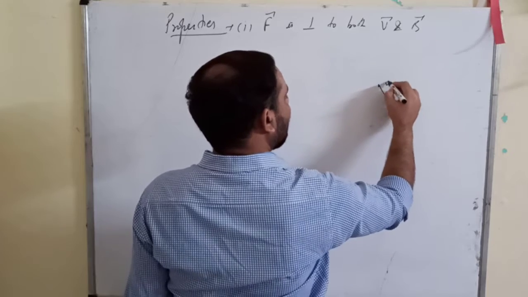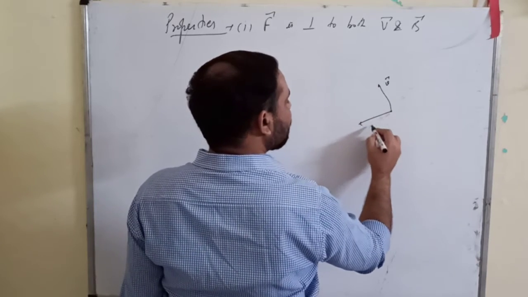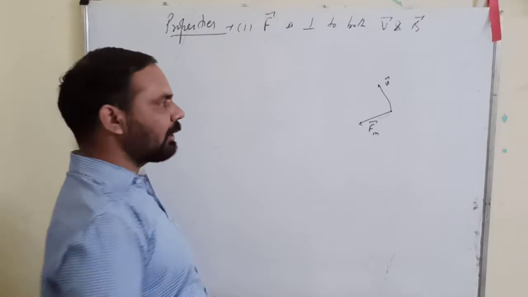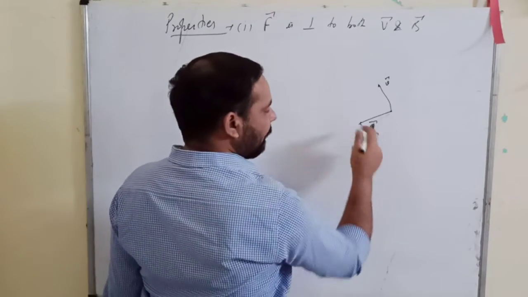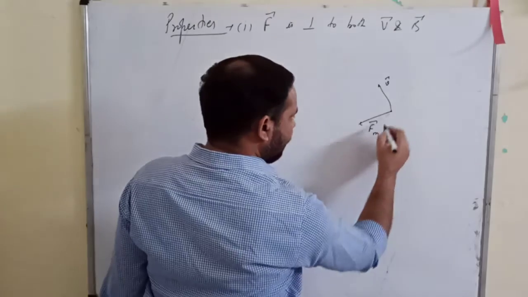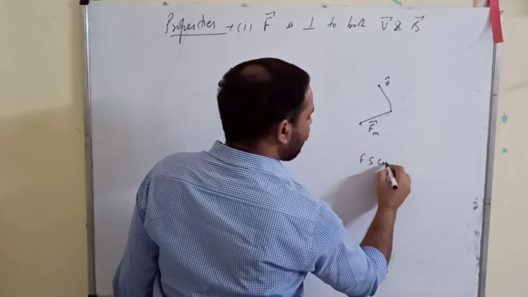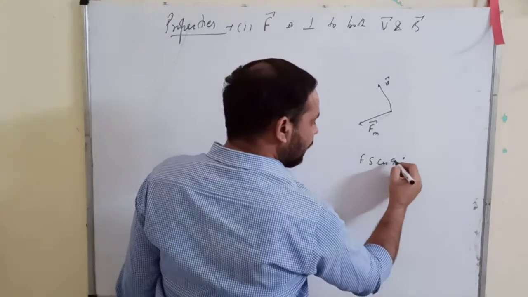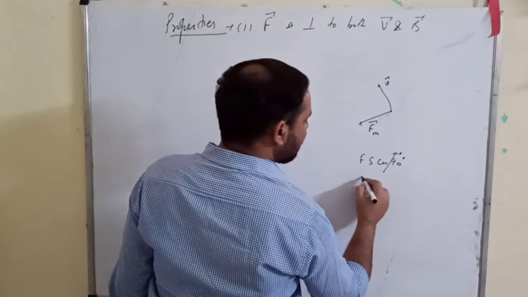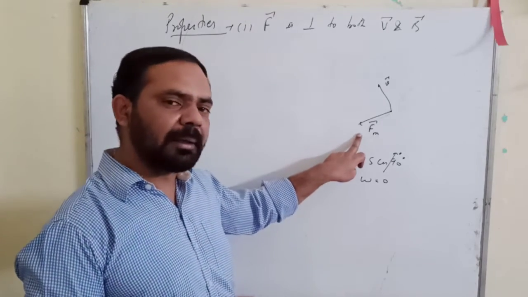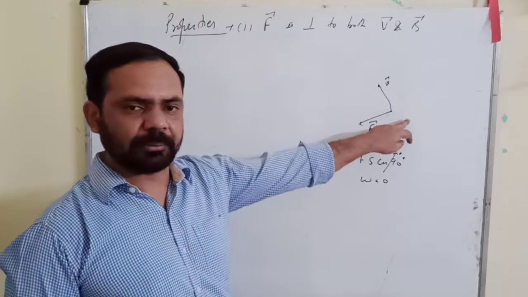Suppose this is the V vector, then the magnetic Lorentz force should always be perpendicular to V vector. Since the force is perpendicular, and the displacement is along the direction of V vector, work is F d cos theta. Now cos 90 is 0, so it means work is 0. So no work will be done by the magnetic Lorentz force on the charge, right?